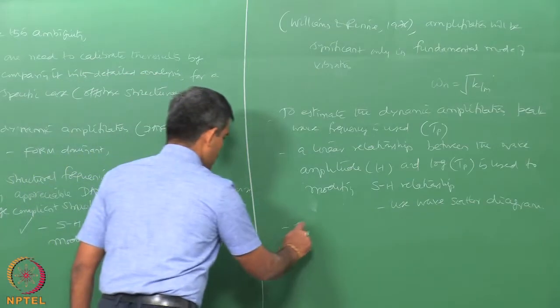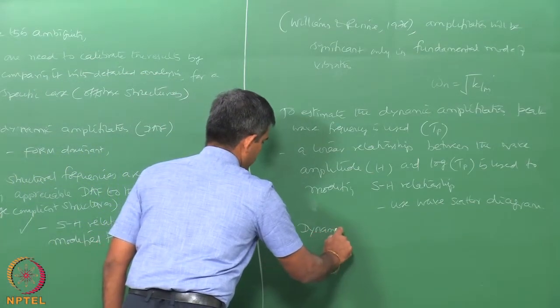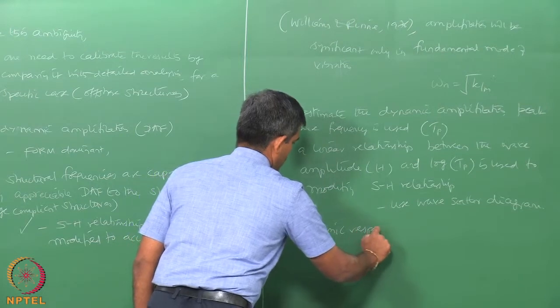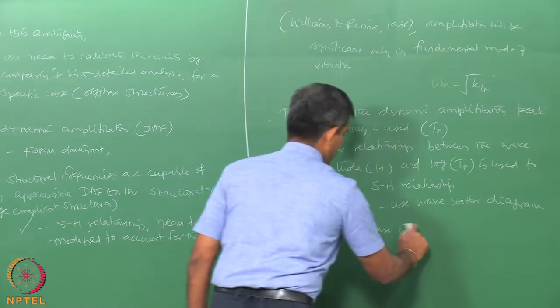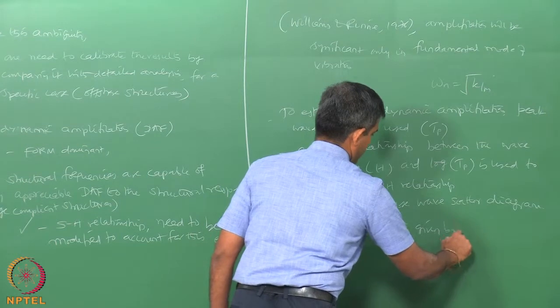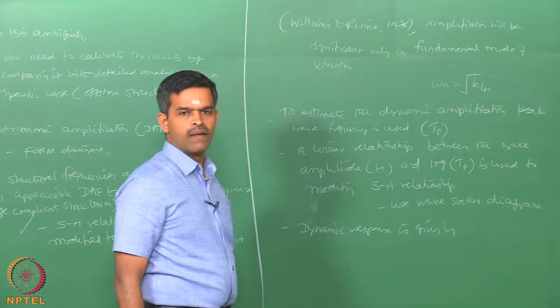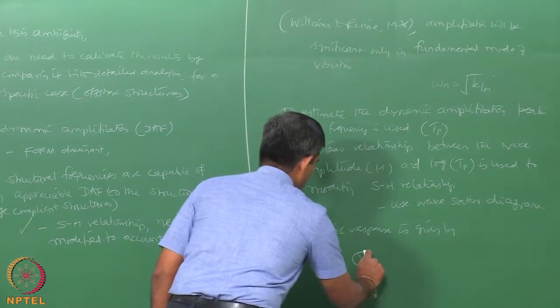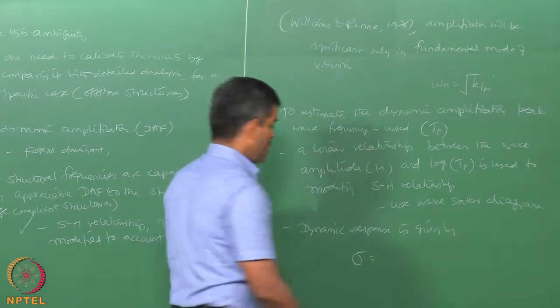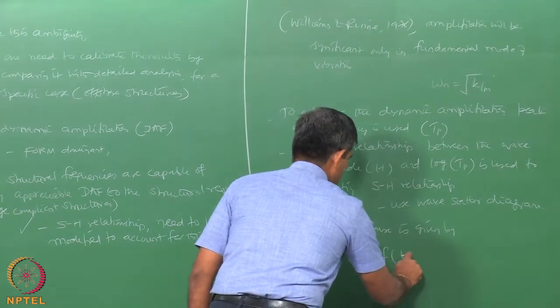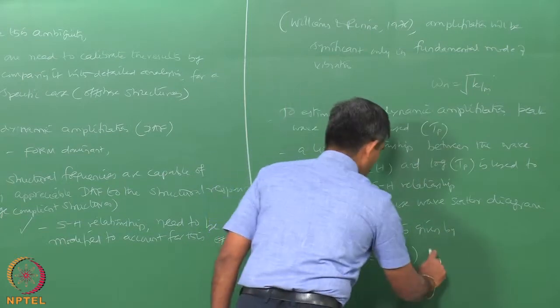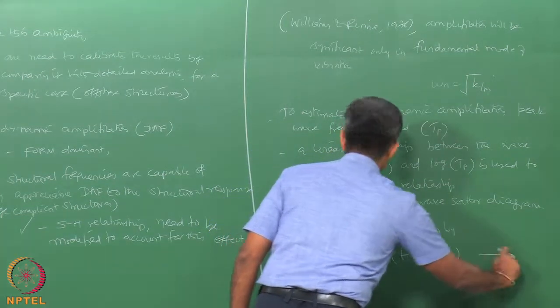In that case, the dynamic response is given by sigma equals, let us say, F of h and Q of h.